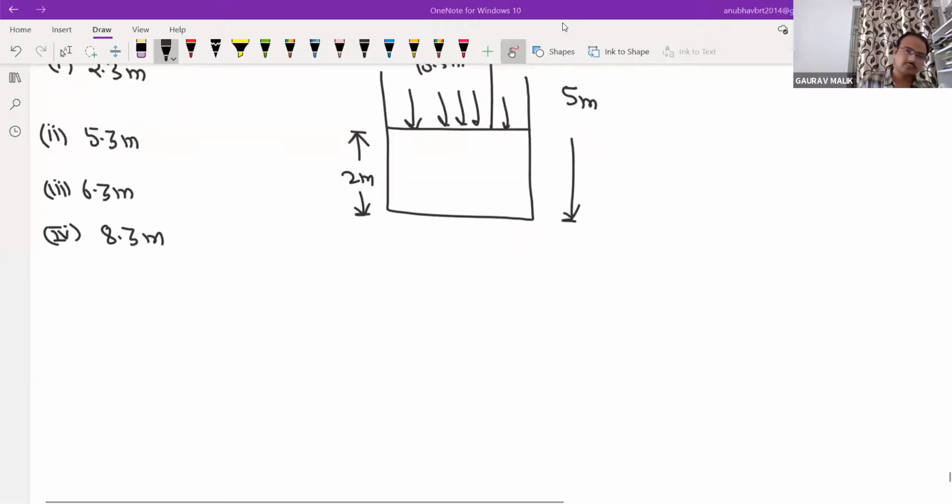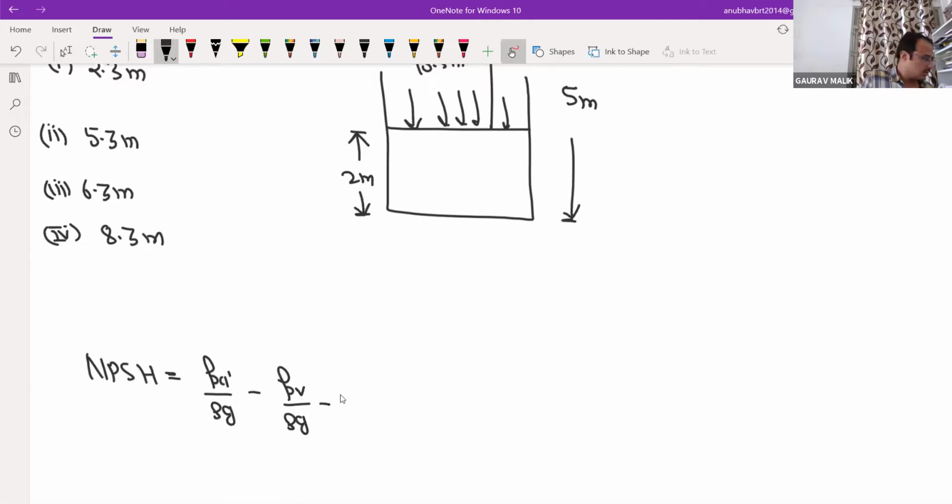Very good. Very nice. You just need to apply the formula. We have NPSH is equal to PA prime by rho g minus PV by rho g minus H of Fs by g minus ZA.